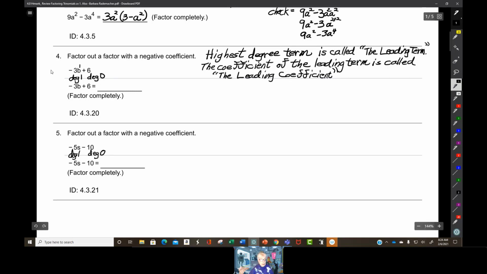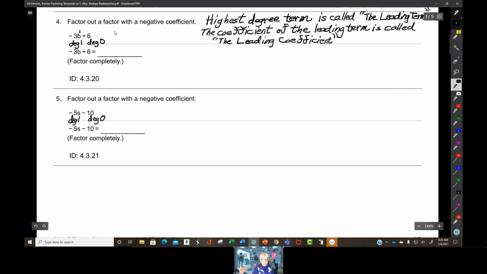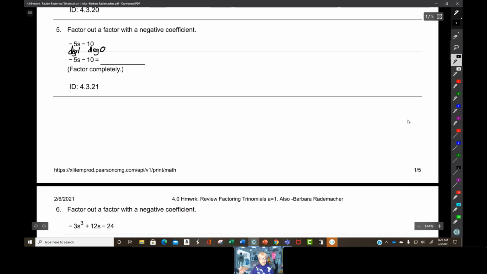All right, so our leading coefficient is -3. Did I say negative? It is negative. Leading coef is -3. We're analyzing right here. We're doing something called analysis, which is what we're going to be doing more and more.